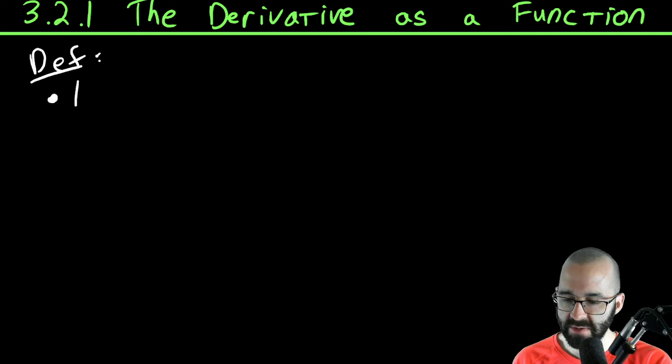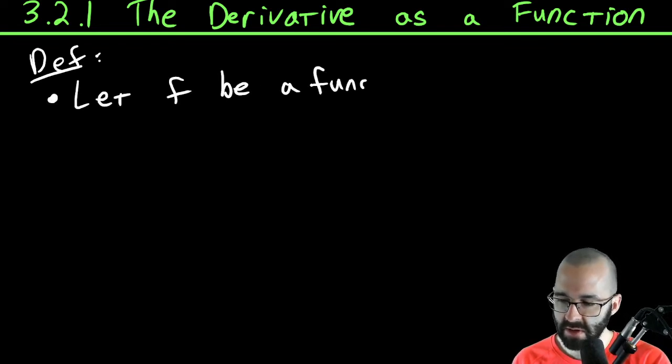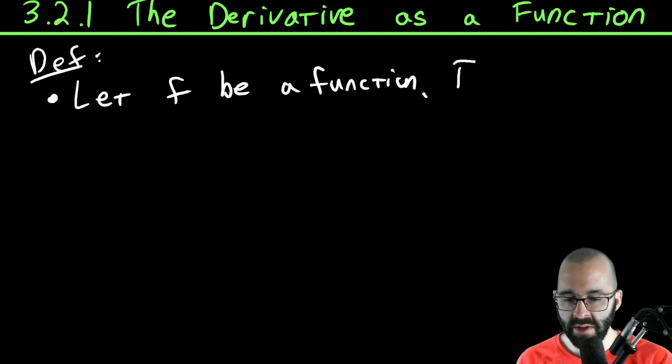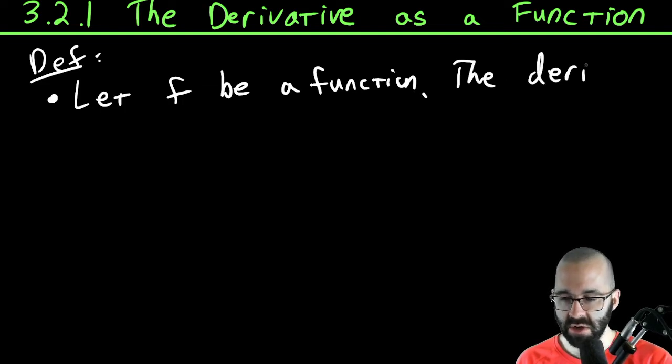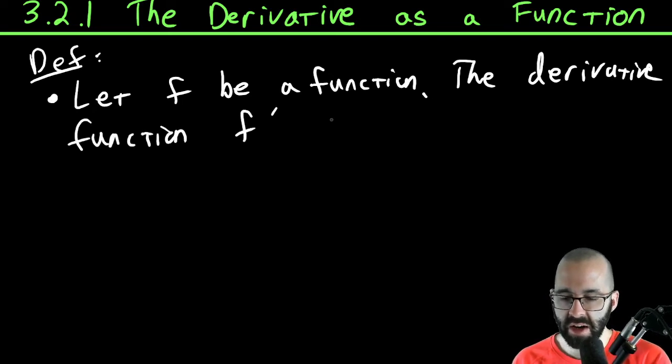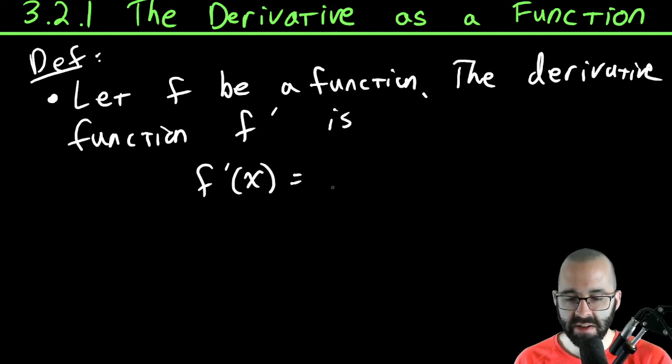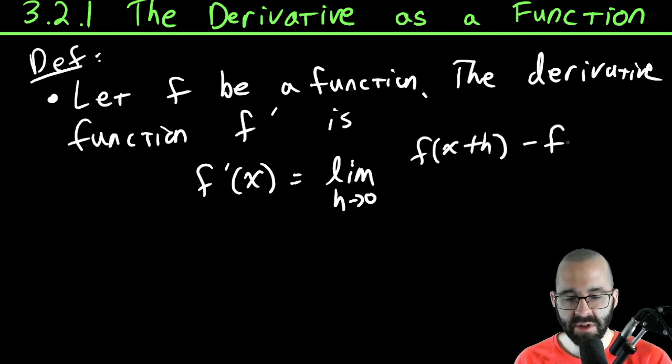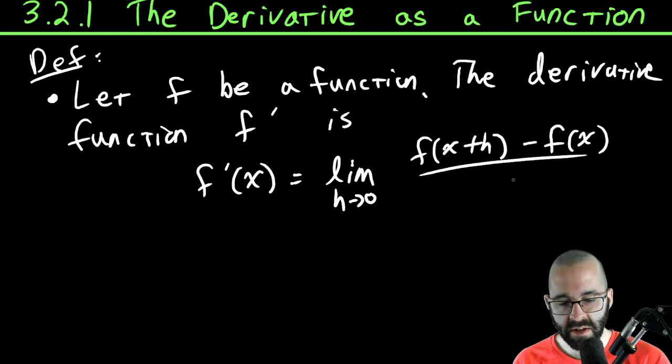So first definition, let f be a function. Then the derivative function f prime is given by the equation f prime of x is the limit as h approaches 0 of f of x plus h minus f of x all over h.